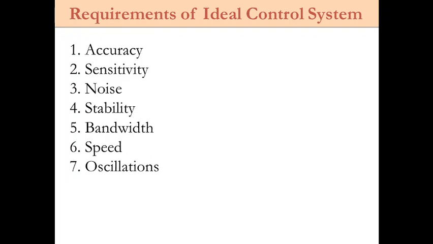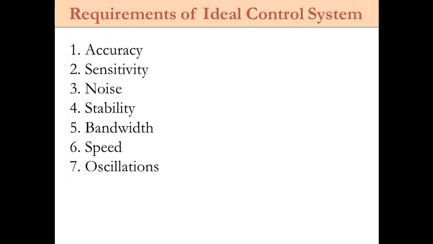This condition we call an unstable condition. A good control system is one which is stable in nature. Stability also means all the previous three requirements should be satisfied, and only then can we call it a stable system.